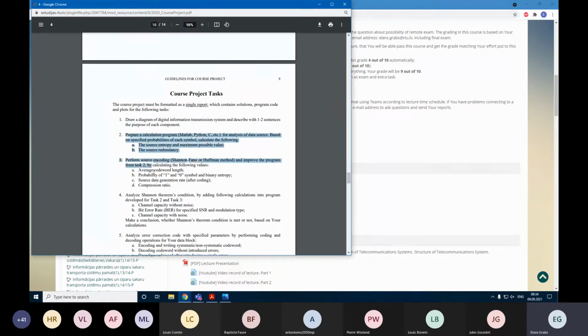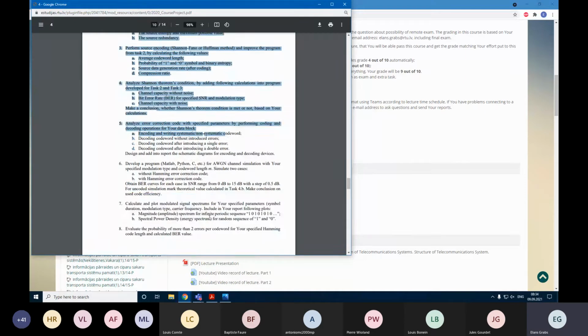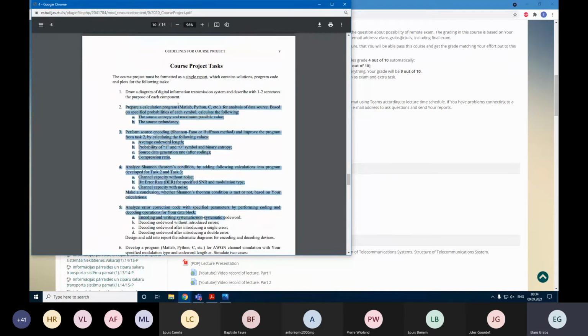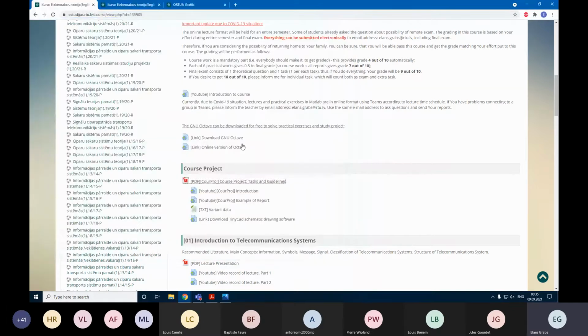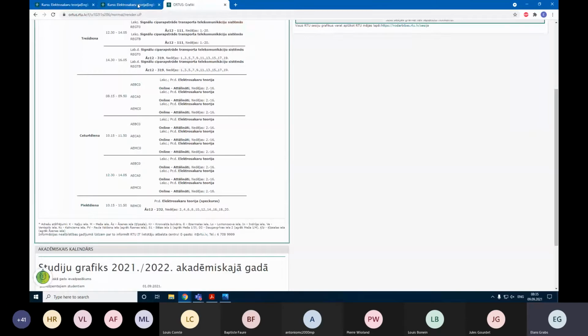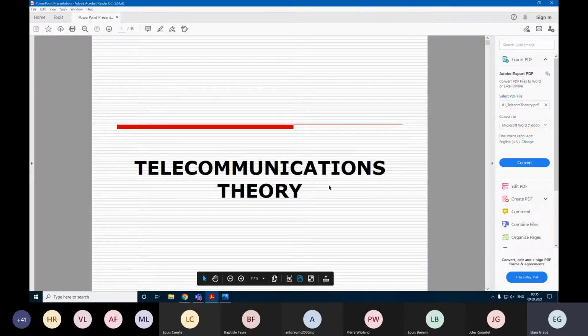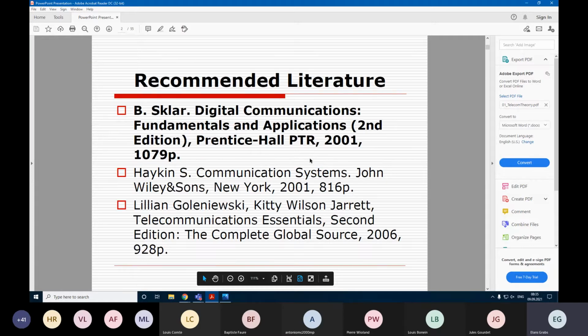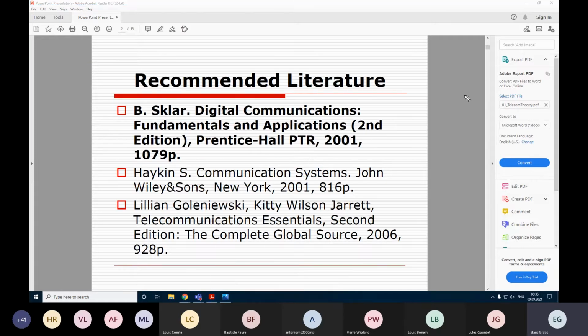The other tasks will be solved as we go during the course, but for today you can already draw this picture, and this will go into your course project as the first task, along with a description of each separate component. What does it do?